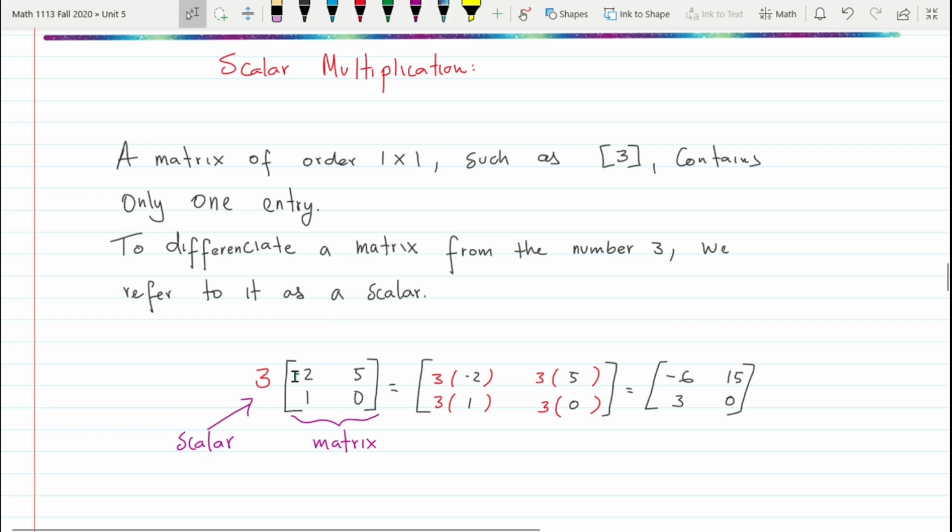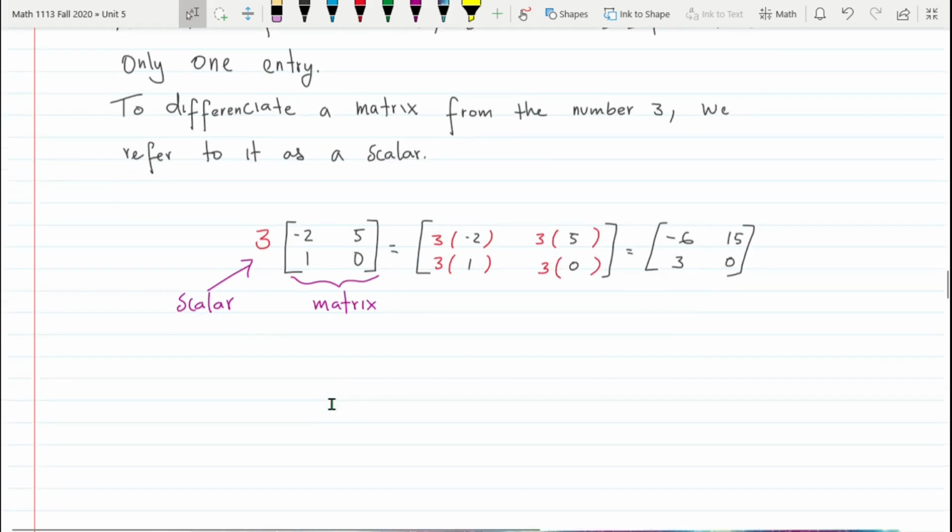So 3 times each element inside of the matrix, like we're seeing here on the right side, and then we just simplify. 3 times negative 2 is negative 6, 3 times 5, 3 times 1, and 3 times 0. So it's pretty straightforward. The only difference is that you have to understand that this is a scalar and not a matrix, right?